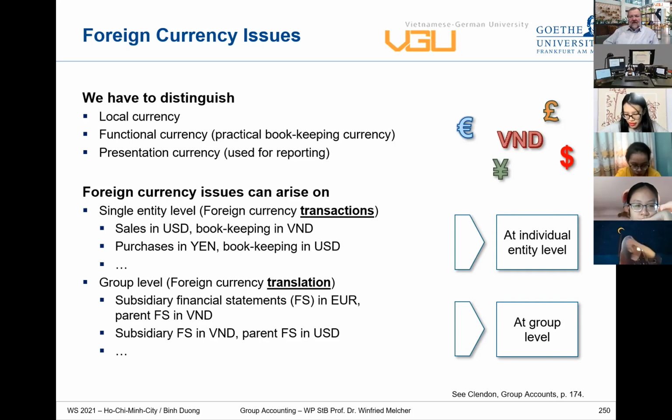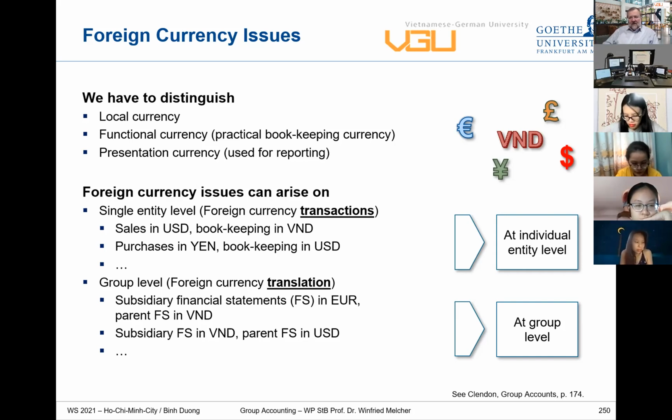So when the Vietnamese company is paying those experts in euro, then when the company has a bookkeeping in Vietnamese dong, then the payment in euros is a foreign currency transaction.